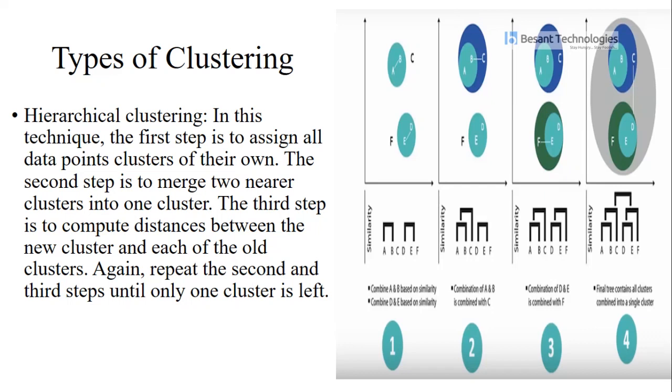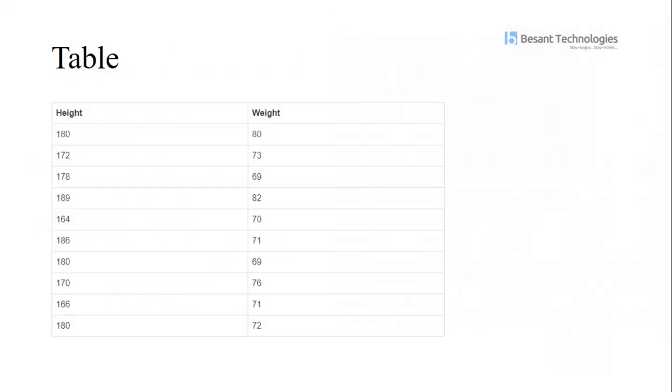So first we have A, B, C. Then based on A, B we make one more cluster. Now D and E, F, then again we make one more cluster like this. Now we are putting all these groups together to make only one group. This is what hierarchical clustering is.